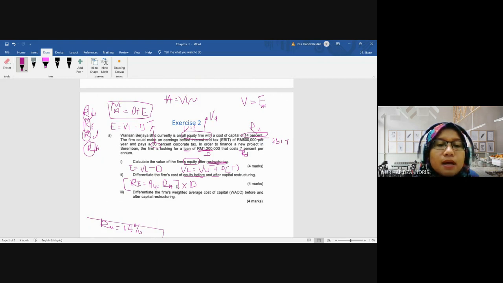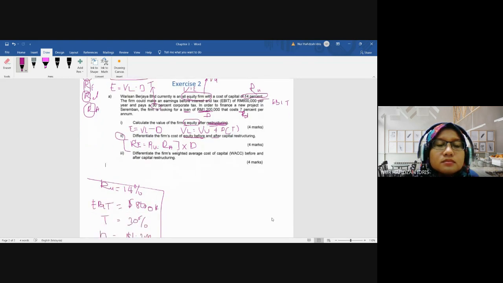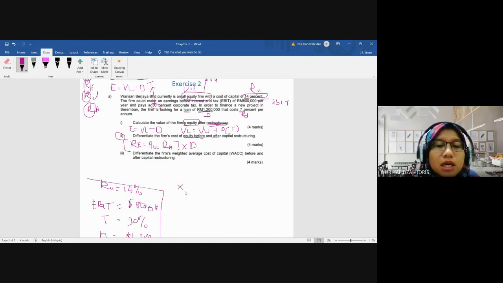Okay, yang ni sekarang boleh faham ke tak untuk nombor 3 ni? Faham. So sekarang ni without tax, RE will equal to RU, which is RU is 40%.